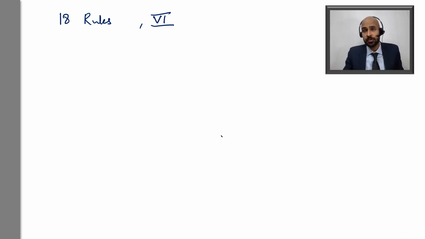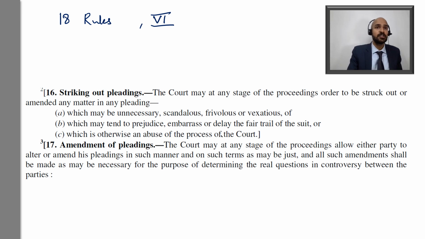But before we proceed to Order 7, I'd just like to talk about two more provisions, and these are Order 6, Rule 16, and Rule 17. Let us say you have drafted a pleading and that pleading does not comply with the rules that are stipulated. In such a scenario, what could happen? Let's first look at Order 6, Rule 16, which talks about striking out of pleadings.